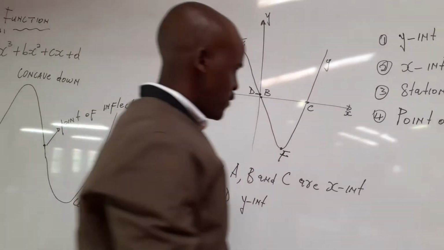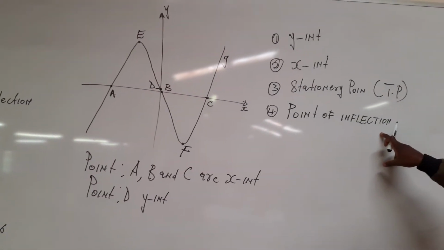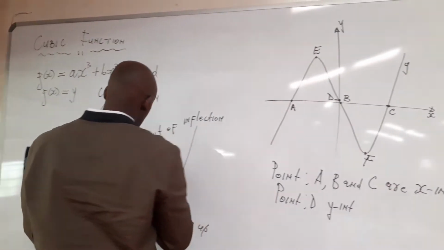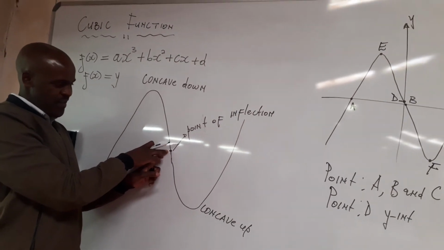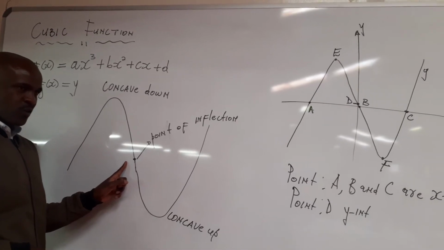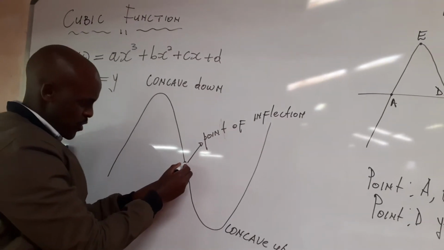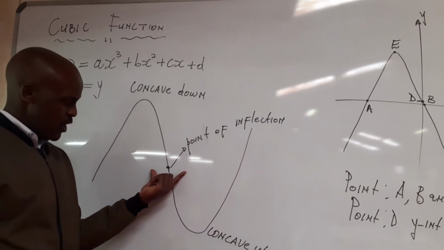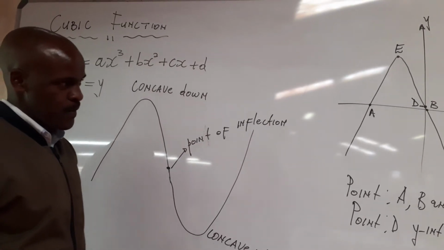And then again, we've got the point that we call the point of inflection. It's a point where the graph changes its concavity. Like, for instance, here it was concave down. At this point, it started to change to concave up.